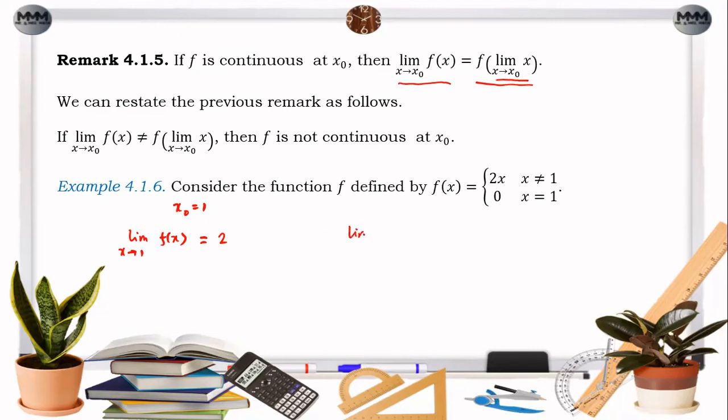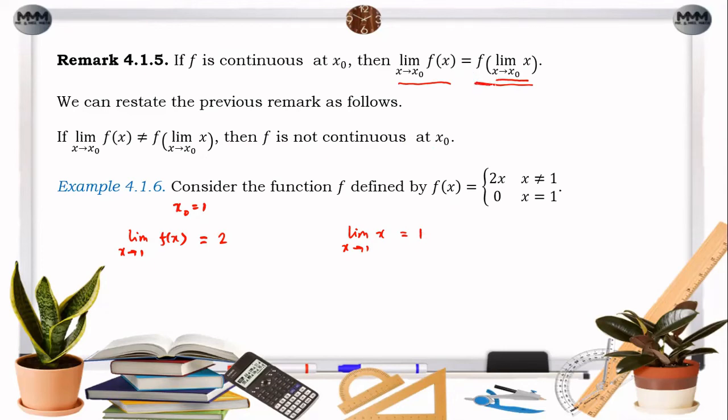This is equal to 1. Actually, this is one of the properties of the limit of a function, that if x approaches a constant 1, then the answer is a constant.